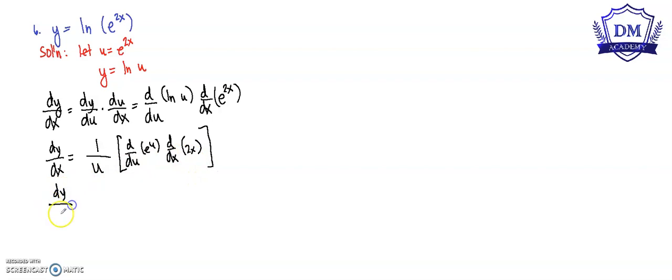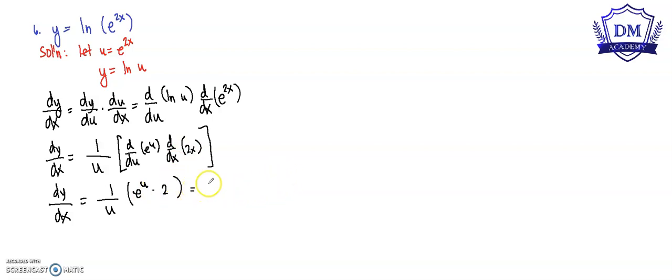We have 1 over u multiplied by the derivative of e raised to u, which is still e raised to u, multiplied by the derivative of 2x, that is 2.